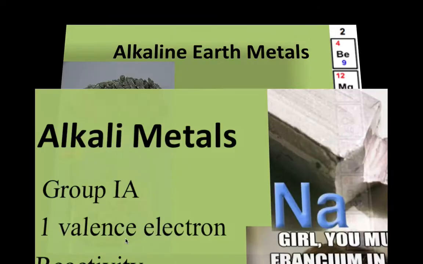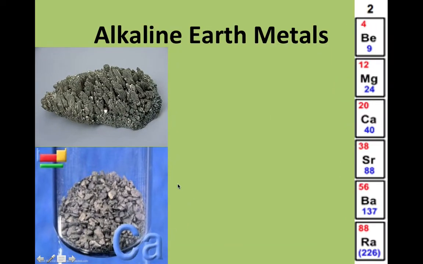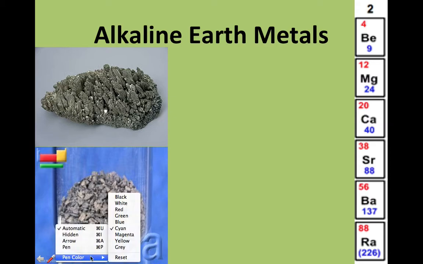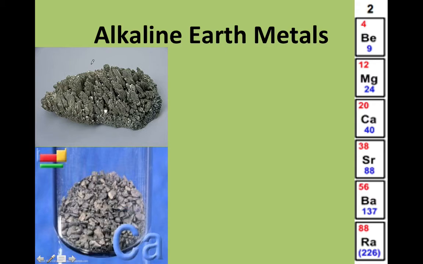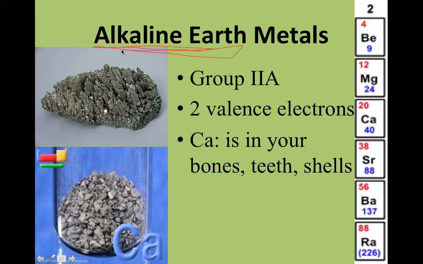The next group is called the alkaline earth. Notice there are two words, alkaline earth, and therefore it is group 2A. Now these elements are basically elements found in the earth itself.